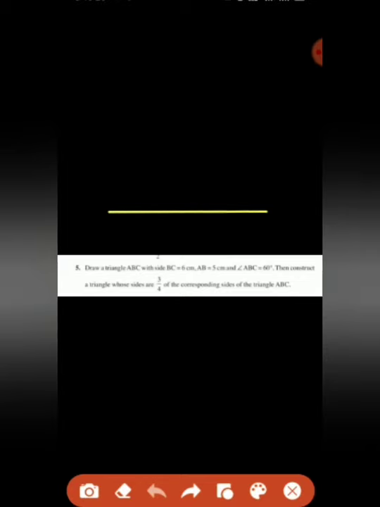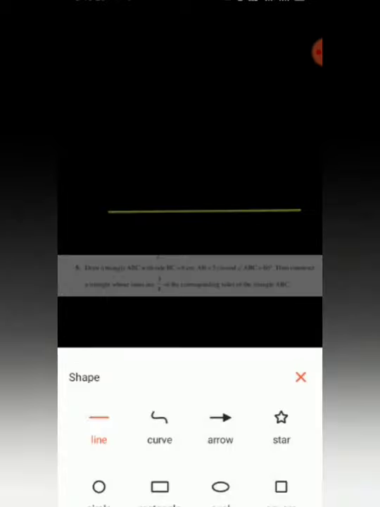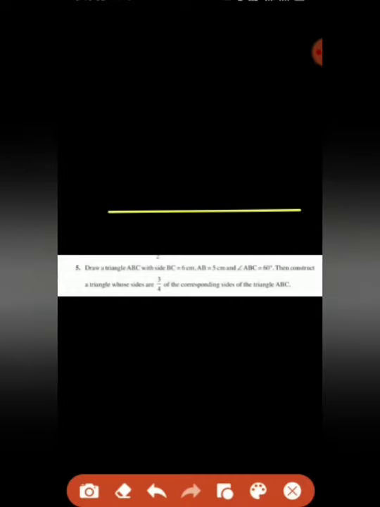Like this, this is my base. I'm naming this B, this is A, and this length is given in the question as 5 cm. Angle ABC should be 60 degrees, meaning angle B should be 60 degrees. To make angle B 60 degrees, see the procedure carefully.